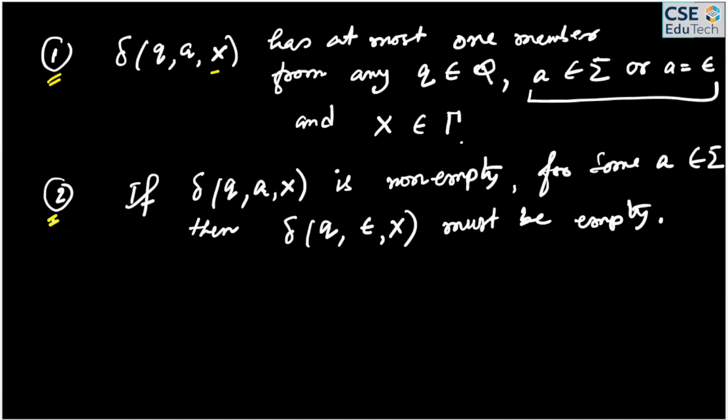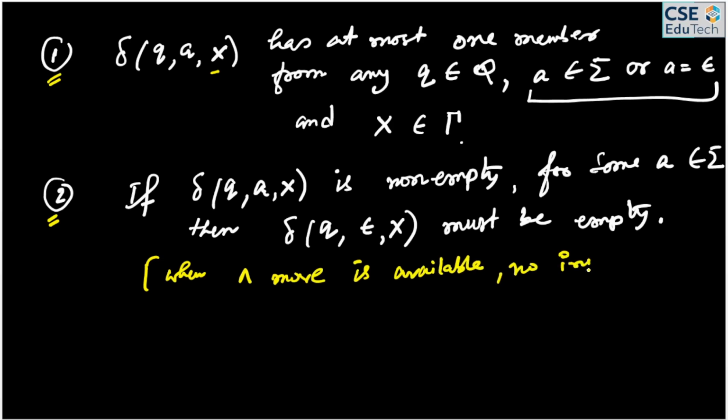And condition number 2 says that when a null or epsilon move is available, no input-consuming alternative is available.